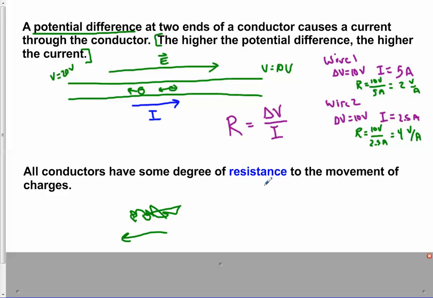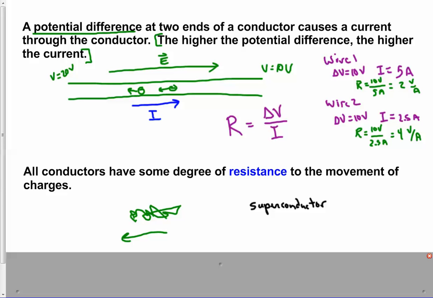There's no such thing as a zero resistance conductor, except in very, very special cases. And I'll mention them right now. There is such a thing called a superconductor, in which the resistance does drop to 0, but that only happens for certain materials at incredibly low temperatures, very close to 0 Kelvin.